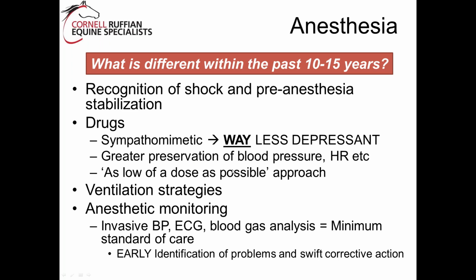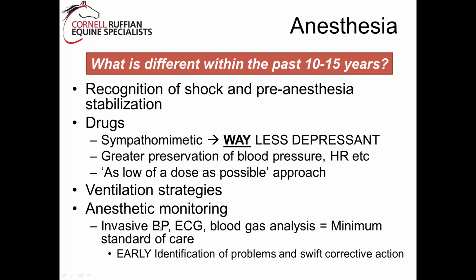It used to be, when I went through vet school, that you knew that a horse got this dose rate of, say, ketamine or thiopental as an induction agent. And now it's more like, no, what does this patient look like? How low can we get away with, essentially? So we're using the least amount of drug, because every drug has some downside.